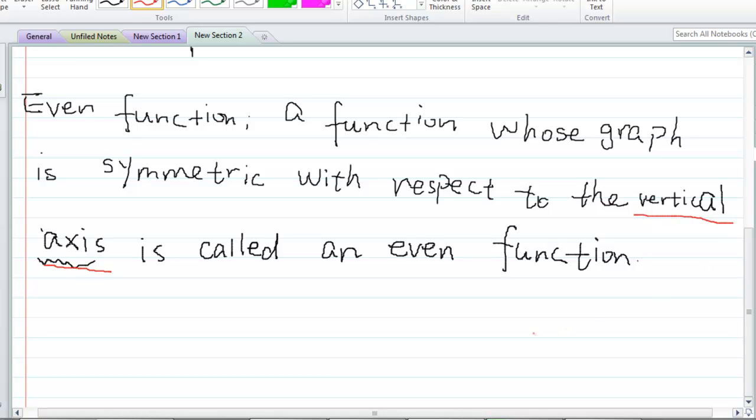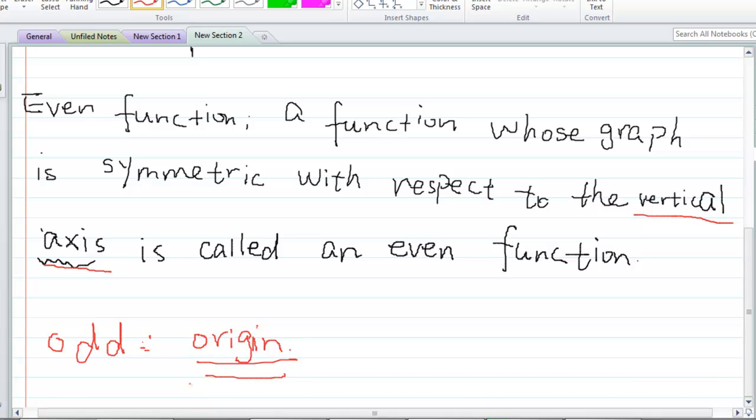Even function is with respect to the vertical axis, and odd function, the same definition, I'm not going to write the whole thing again, is with respect to the origin. So that's the only difference. It's the same kind of definition, just symmetric with respect to different things.